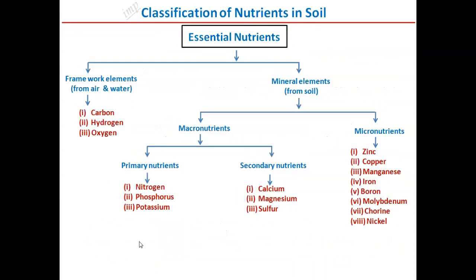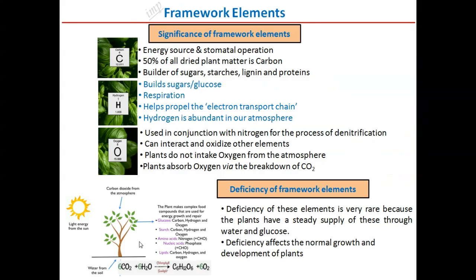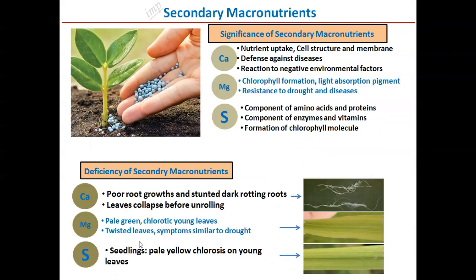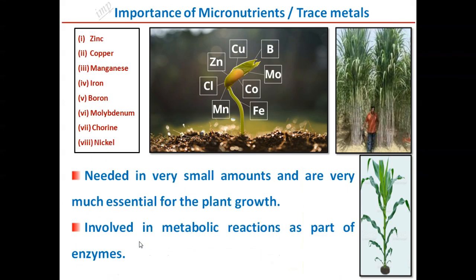We discussed the classification of nutrients in the soil, like framework elements and mineral elements. Then we discussed the significance of the framework elements, primary macronutrients, secondary macronutrients, and so on.